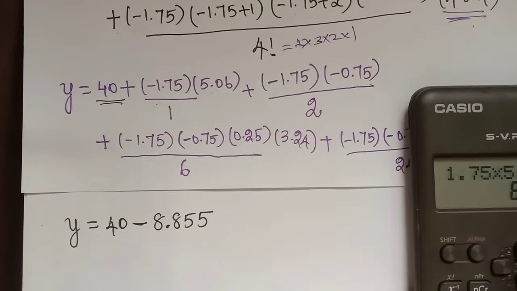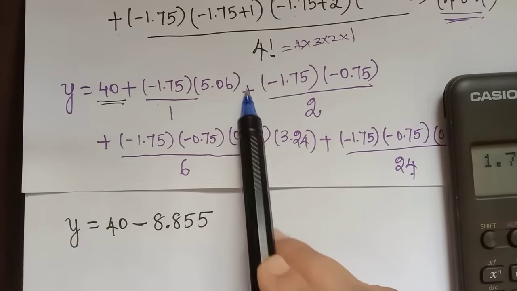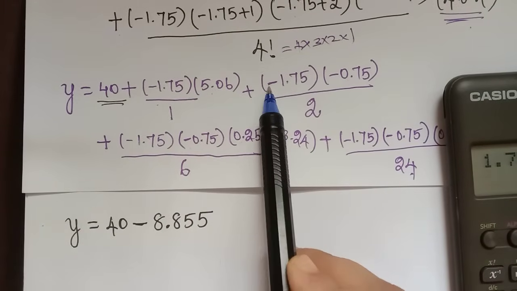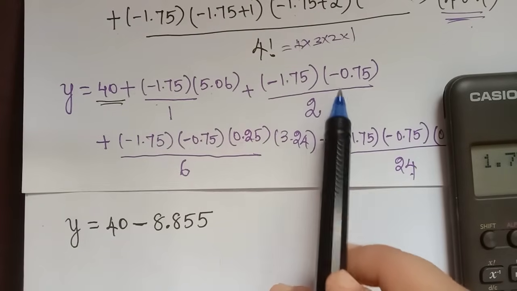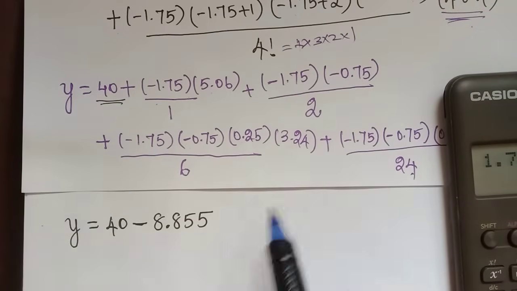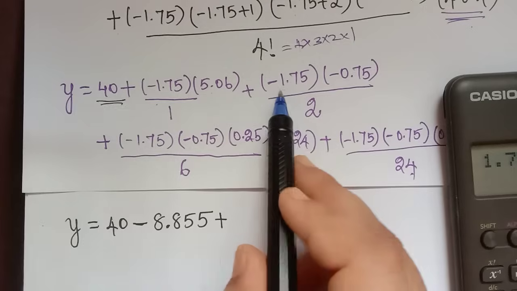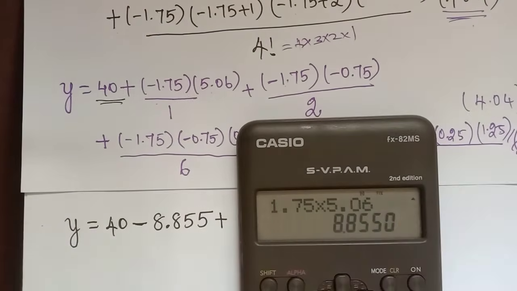Already we calculated the sign first and then we calculated with the numbers. Here also we will do the same. First we will calculate the signs first. So plus we have here. Then minus. Then again a minus. So minus into minus, it will become plus. So this whole term will be plus. Okay, so plus. And then we have 1.75. So that we have to do.